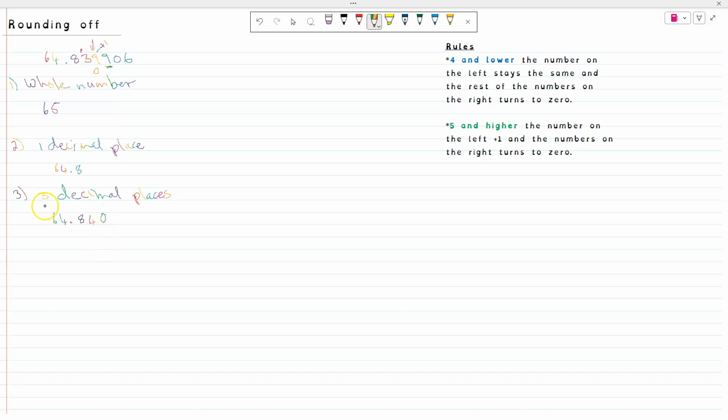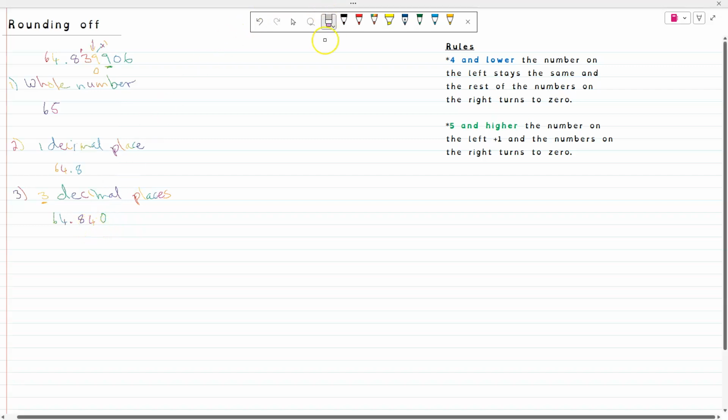Yes, we do write the 0 because they want 3 decimal places. If you don't write the 0, then your answer would be wrong because then you don't have 3 decimal places. Okay, so that is how we solve these types of questions. Now again, I know you guys know how to round off, but it doesn't hurt to just double check and make sure that you actually understand the work.